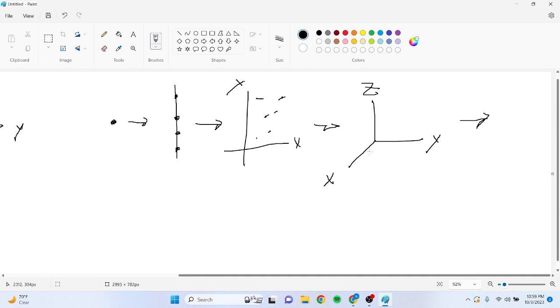So if you have a shape in 3D, one way to think about this is with projection. So you can have something in XYZ space, and you can project it into the XY plane, leaving you with this square. This 3D projection will turn into this square in the XY plane.